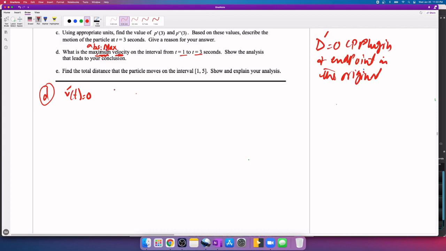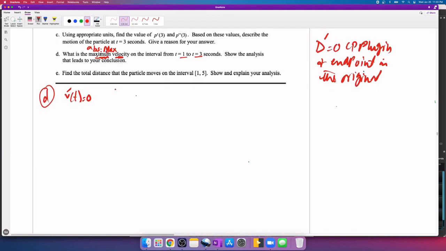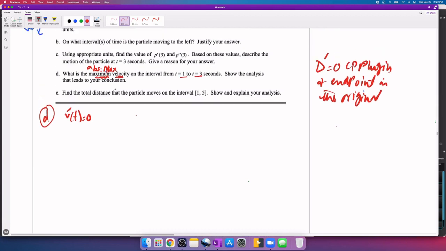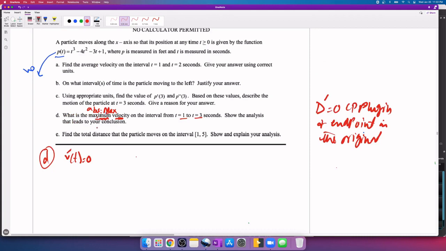So I'm going to go and check my function, which is the original. This is my original p of t. I'm going to write that original so I can take a second derivative of it. Plus 1, plus 1. Now you take a derivative of that. It's going to be a velocity: 3t squared minus 8t minus 3.